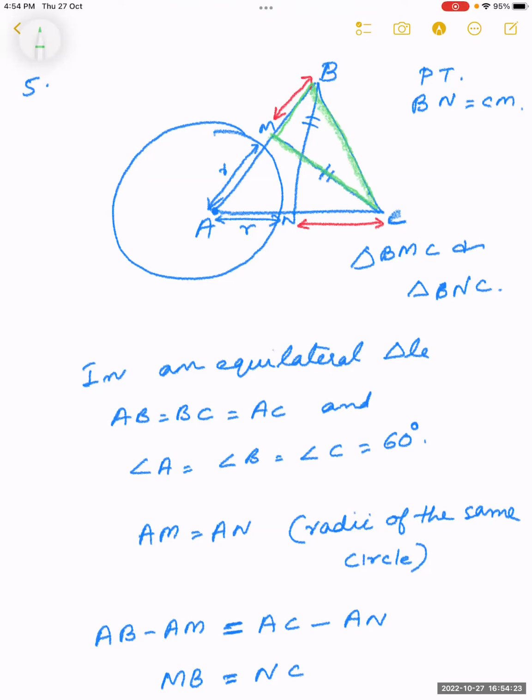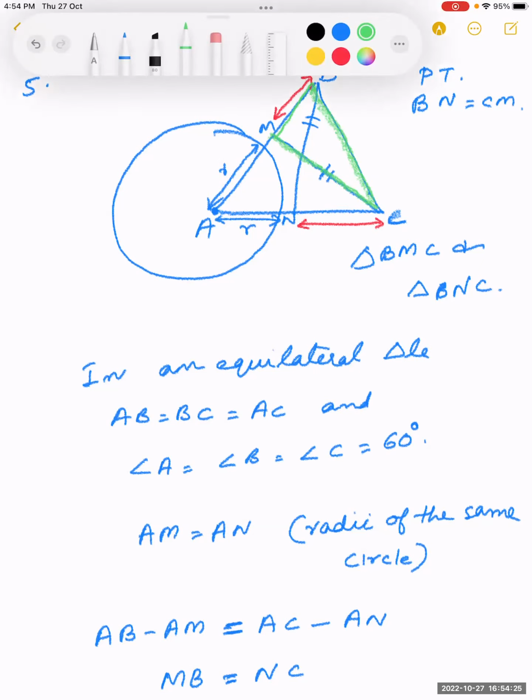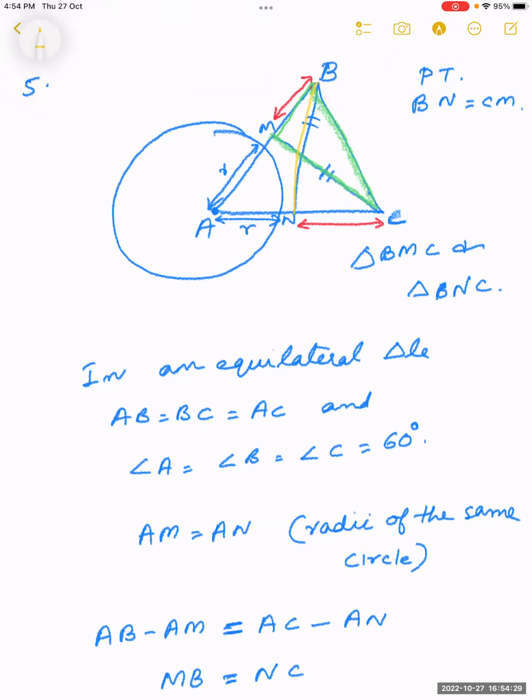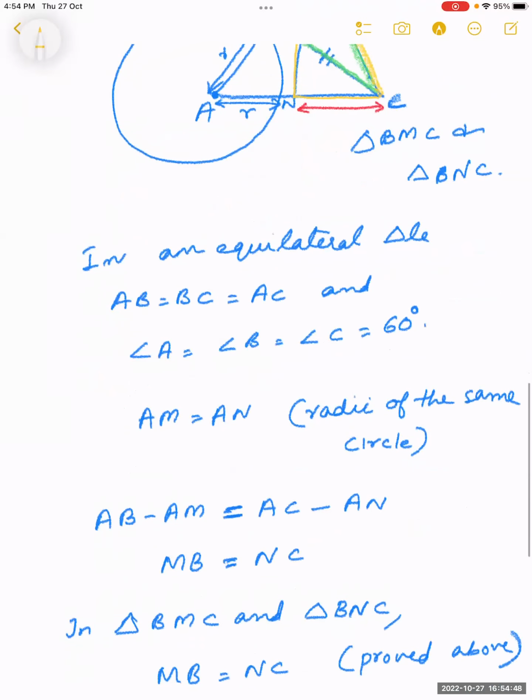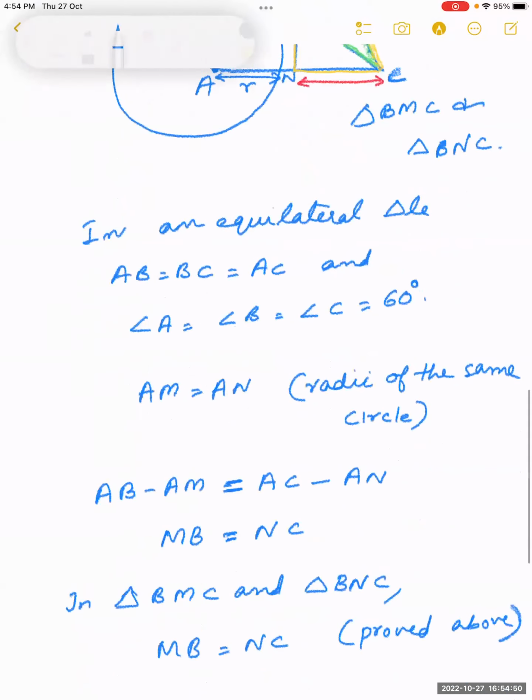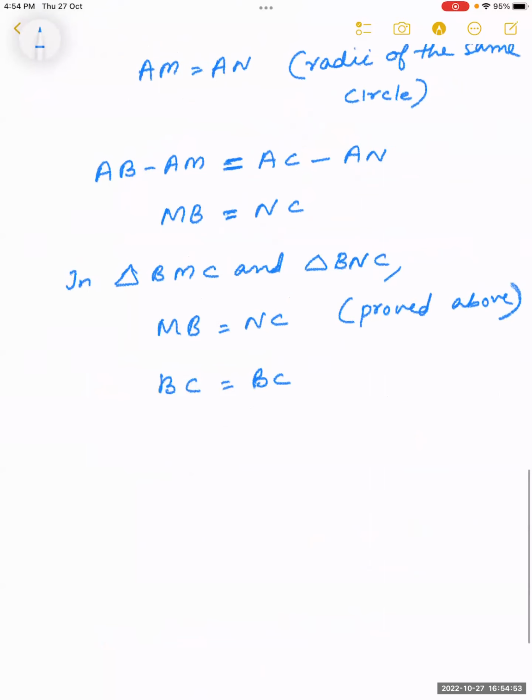This is one triangle, and the other one, in light coloring, is another triangle. I have to prove they are congruent. How will I show they are congruent? BC is common. Exactly, you have to say BC is common. That's it. Now, which is the next thing?